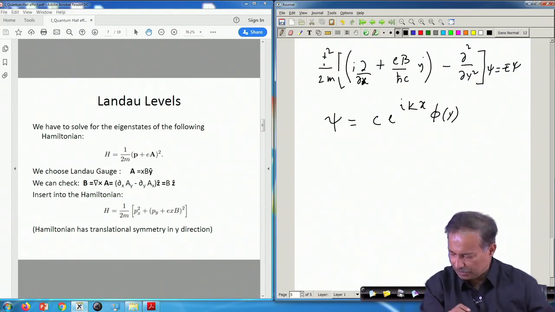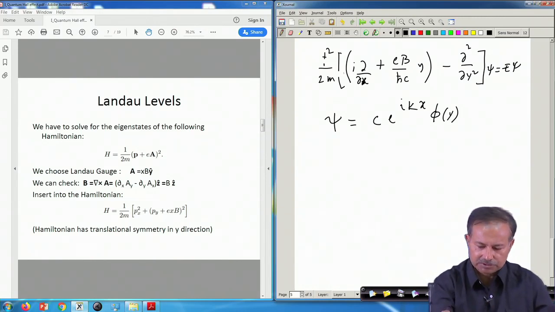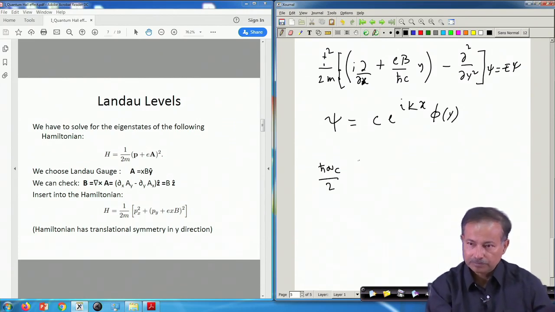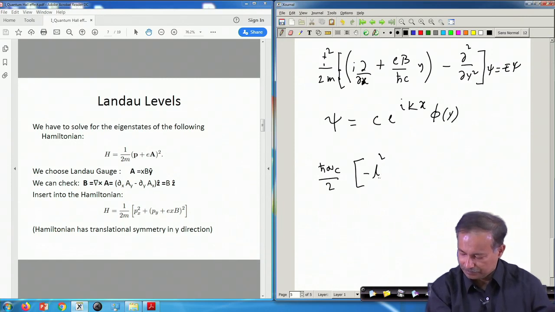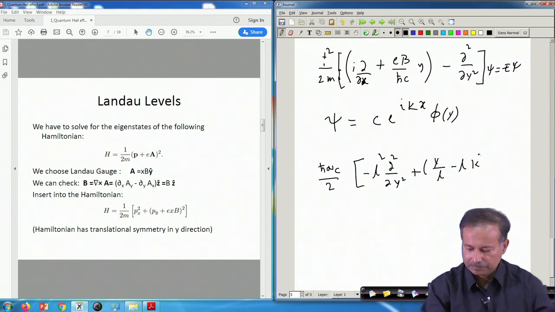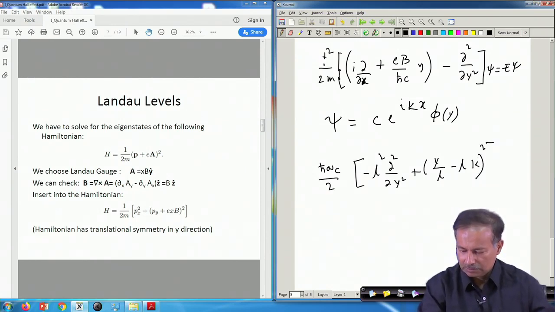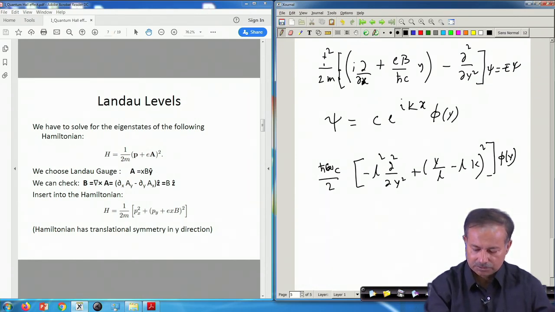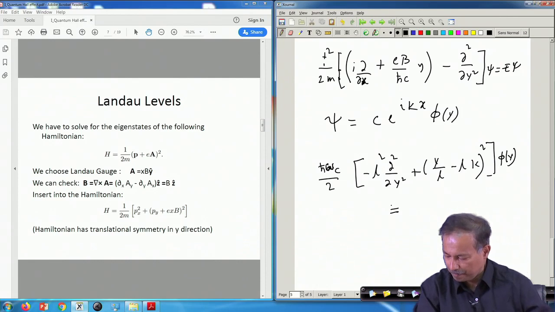So, then you can just put this trial wave function in, and what you will land up with is h cross omega c by 2 minus L square del 2 del y 2 plus y by L minus L k square into phi of y, times h cross omega c, equal to E phi of y.